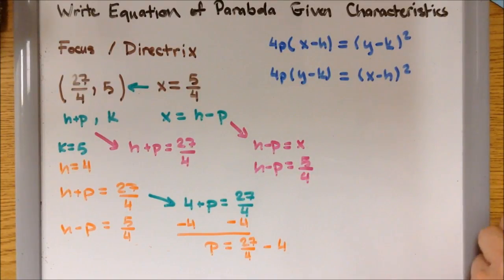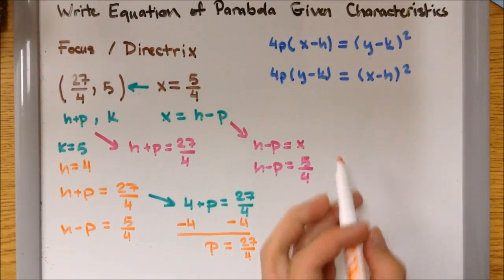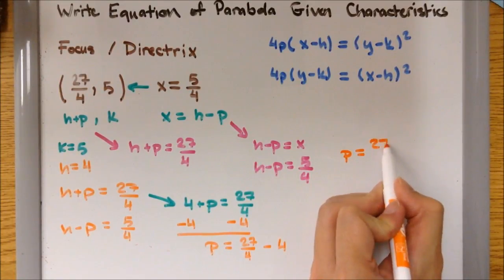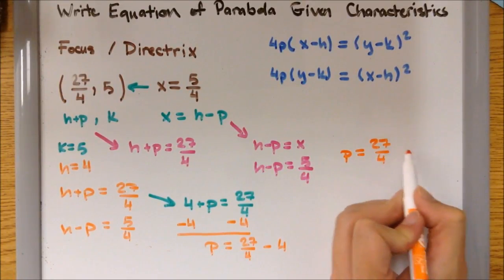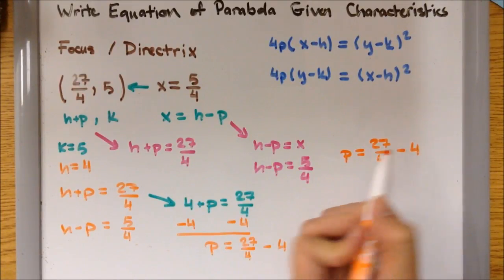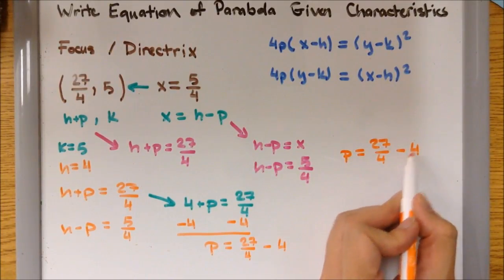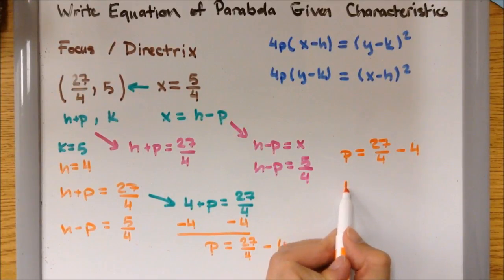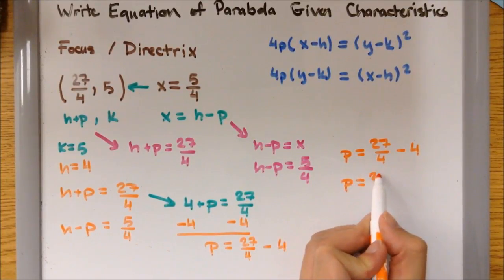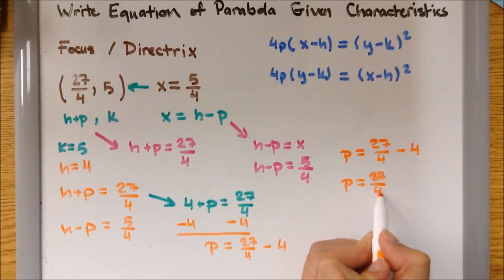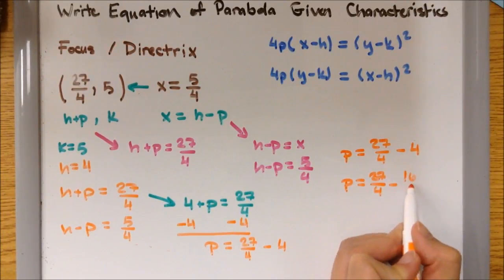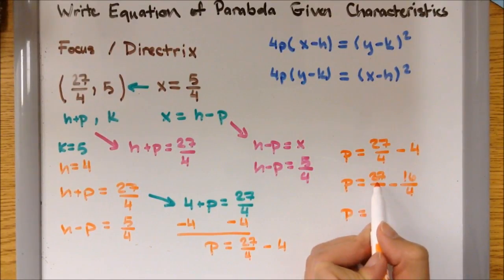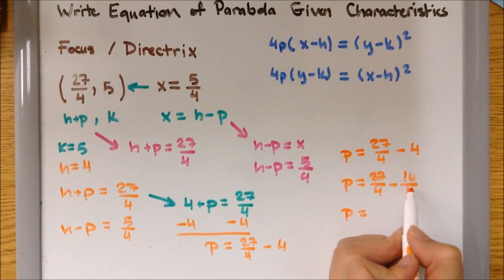So I'm going to write right here, p is equal to 27 over 4 minus 4. I'm going to change this 4 into a fraction with a common denominator. So p will equal 27 over 4 minus 16 over 4.